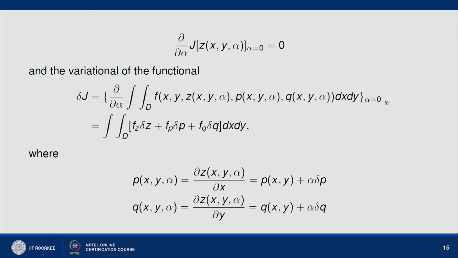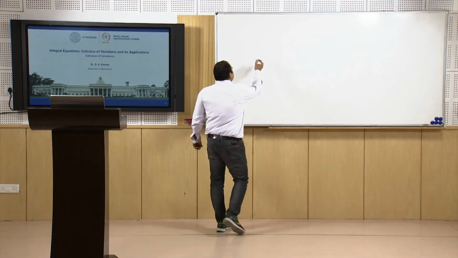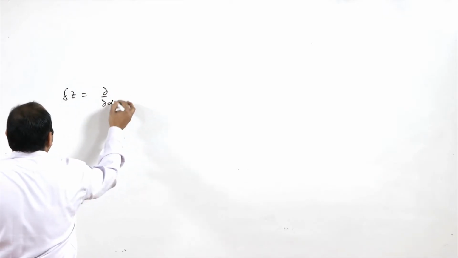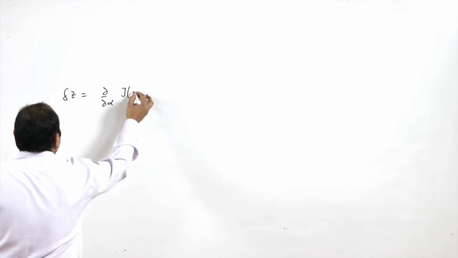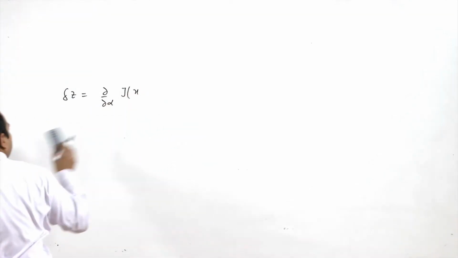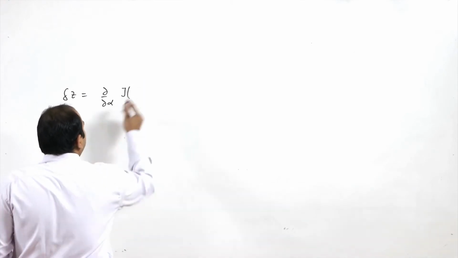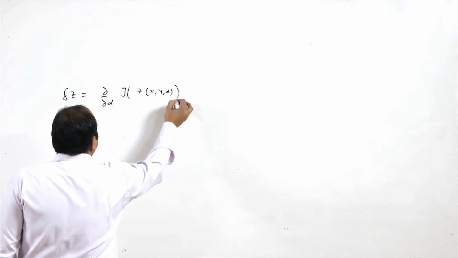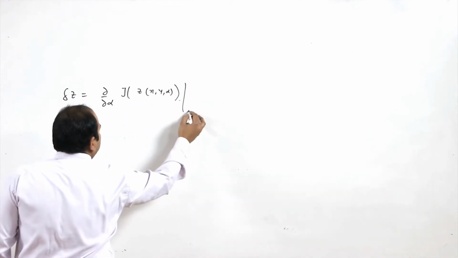So let me write it here: your δJ is equal to ∂/∂α of J[z(x,y,α)] at alpha equal to 0.